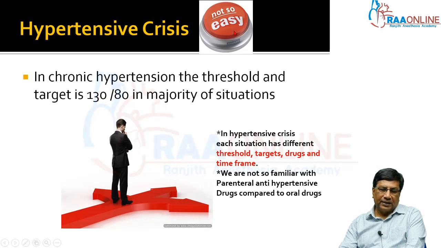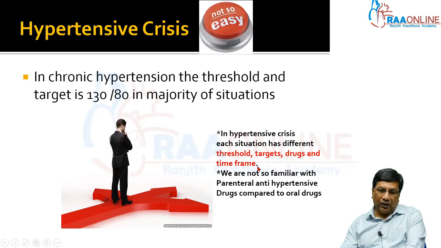Whereas hypertensive crisis is not so easy because each situation has a different threshold of treatment, different targets, different drugs, and the time frame in which you have to reduce the blood pressure. So, everything is different for each one of the conditions. That's why hypertensive crisis is not as easy as treating chronic hypertension.